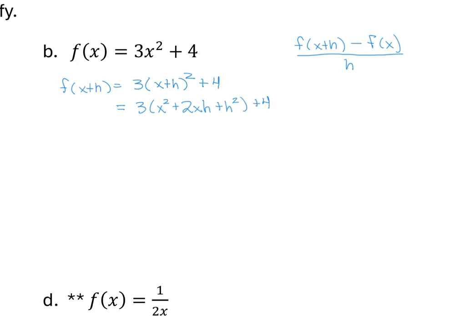Okay, why is that? Well, remember that when we square a binomial, what we actually want is the binomial times itself, and we do have to FOIL it.